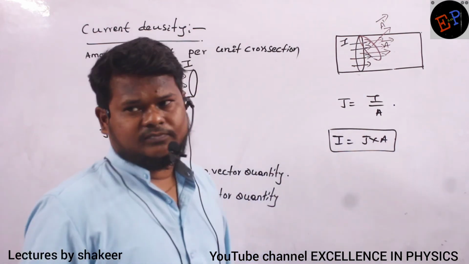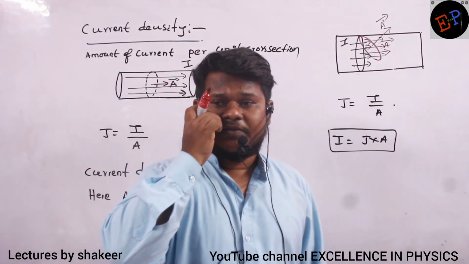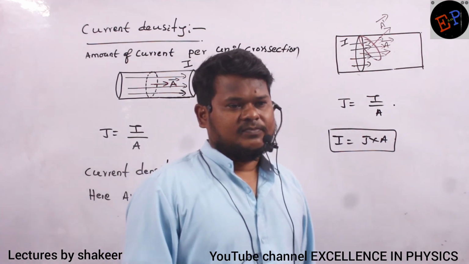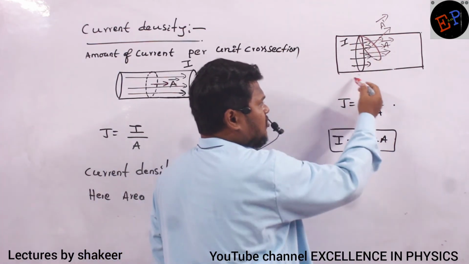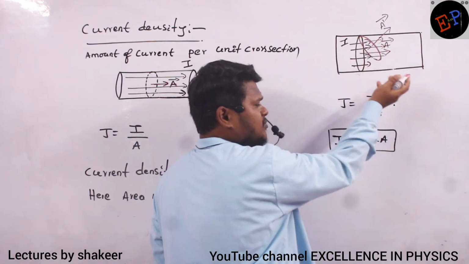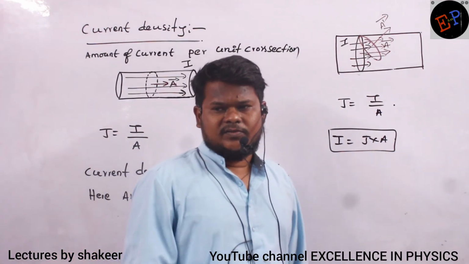So the current entering has reduced, and automatically the current density also reduces. Previously we took the total area, so the total current flows. Now I have taken only this much area, so a very small amount of current will flow. If current reduces, current density also reduces.